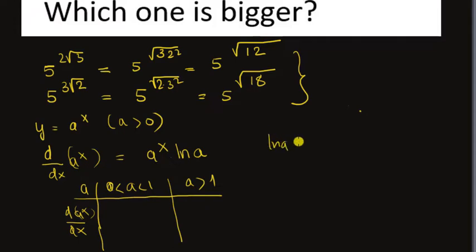Natural log of a here is going to be less than 0. That's why the derivative of this one is less than 0, okay? So it's less than 0. Now, if a is greater than 1, the natural log of a is greater than 0, right? It's greater than 0.